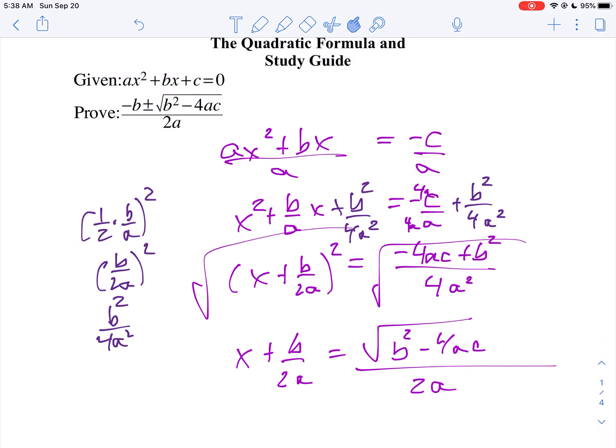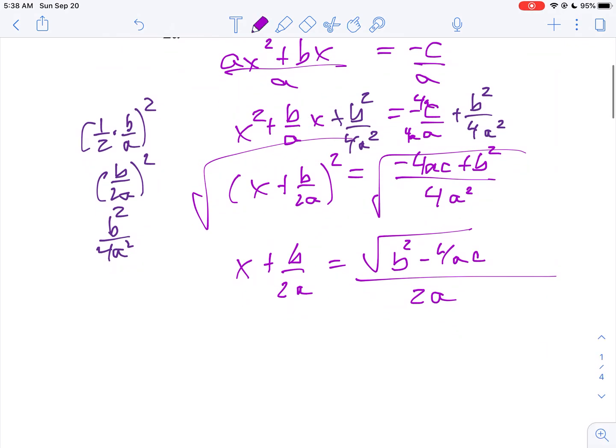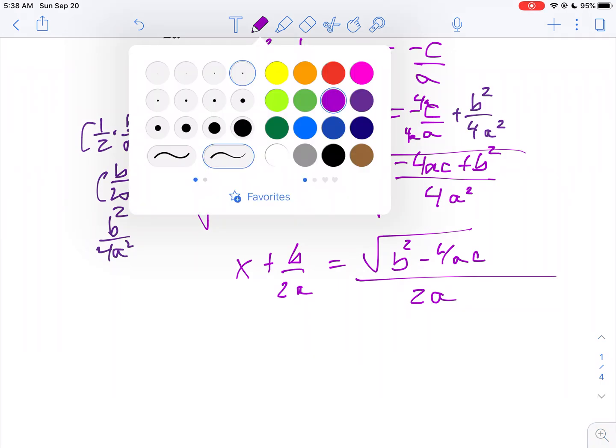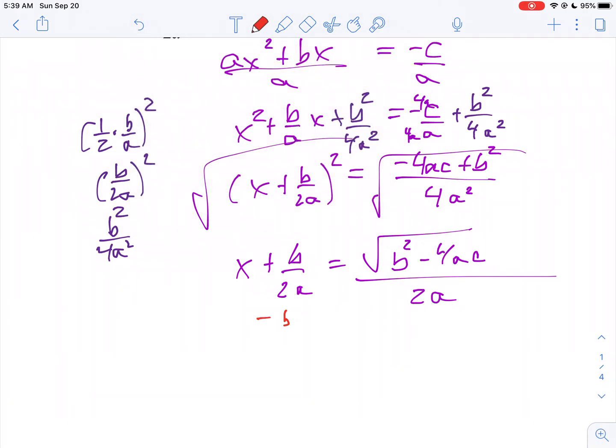Then to get x by itself, I'm going to subtract b over 2a from both sides. Forgot my plus or minus there. Notice I got a common denominator.